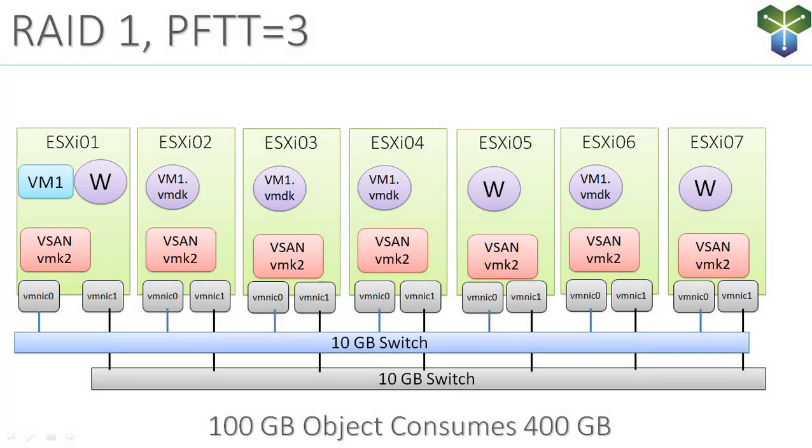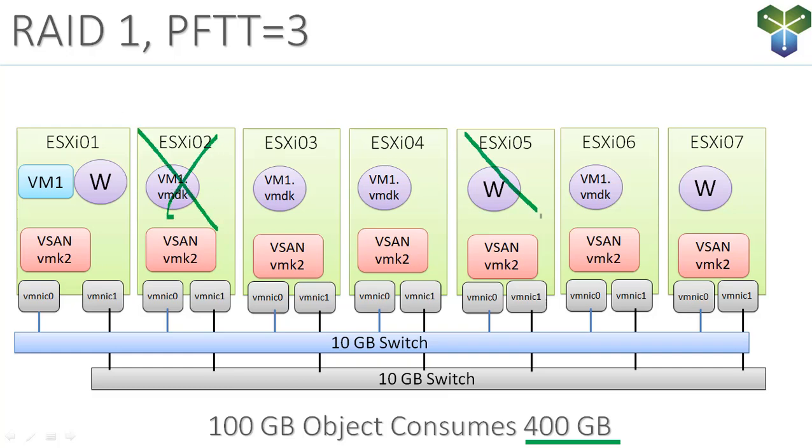I can even go so far as to specify the primary failures to tolerate is 3. Now I'm going to have a minimum of 7 ESXi hosts. And for every 100 gig object that I store, it's actually going to consume 400 gigs of space. So it's a significant amount of overhead in order to get this level of redundancy. But now you can see here, hey, I can lose any 3 hosts. Let's just pick 3 at random.